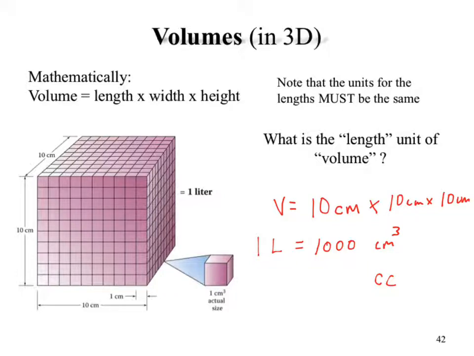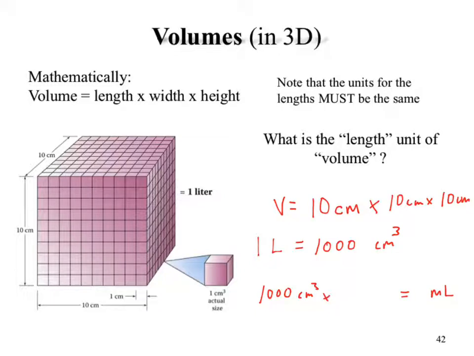Kind of make sense? How often do we work with liters as a unit in lab? It's too much, so we don't work with it. What do we work with instead? Milliliters. What is the relationship between milliliters and centimeters cubed? If I take 1,000 centimeters cubed, I want to get it into milliliters.